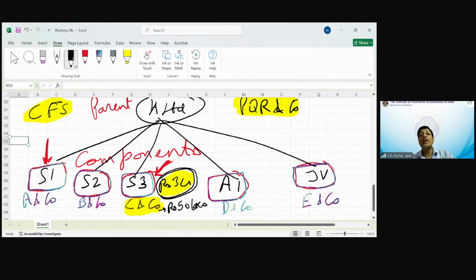But that is relevant only for group audit purposes. For the audit of separate financial statements of S3, what materiality will be considered by C&E? 50 lakhs. And in case C&E decides to use 50 lakhs as the materiality even for group audit, will that be a problem? Why? Because the materiality cannot exceed the one which is provided by the parent auditor. It can always be lower than that. Okay. So what we can say is, this 3 crore is the upper limit.